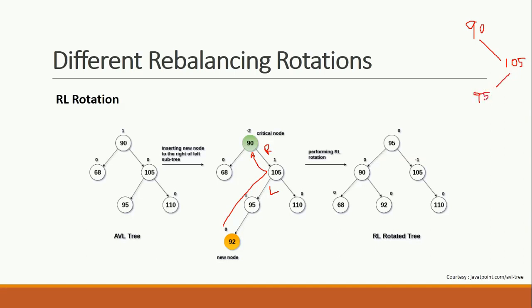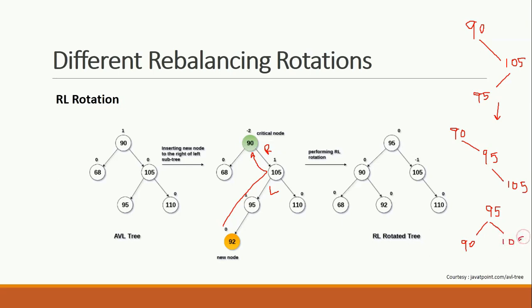Since an RL rotation is required, the first step would be 90, 95, 105, and then 95, 90 and 105.